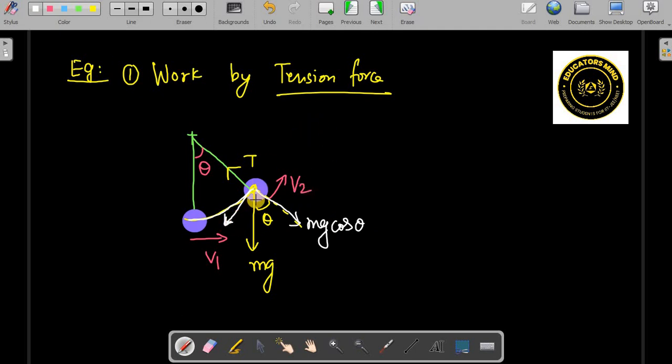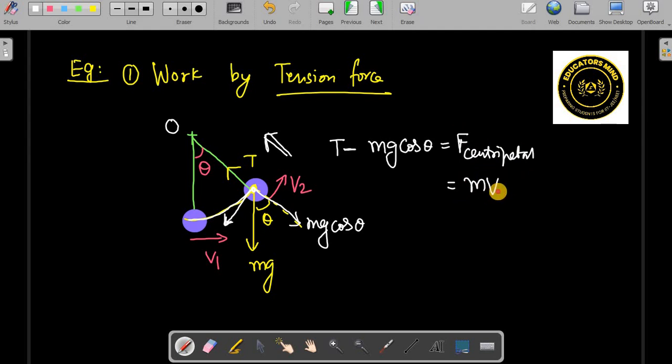Right? So the idea is that there will be a net force towards the center. We have studied that. There is a net force towards the center which is called centripetal force. So here tension minus, because the center is this way, tension minus mg cos theta will be the centripetal force, and we all know the centripetal force formula mv squared by r.